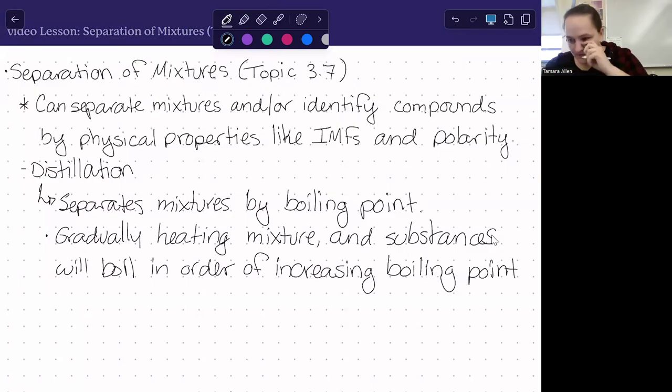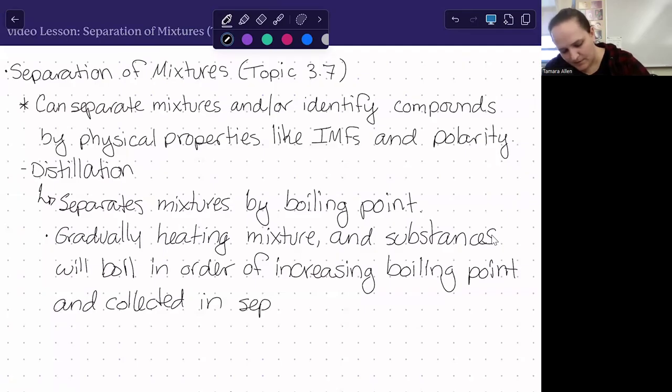And if you set this up the right way, they can be collected in separate containers. So this allows you to take a bunch of liquids mixed together and ultimately end up with separate containers that each contain one pure substance.